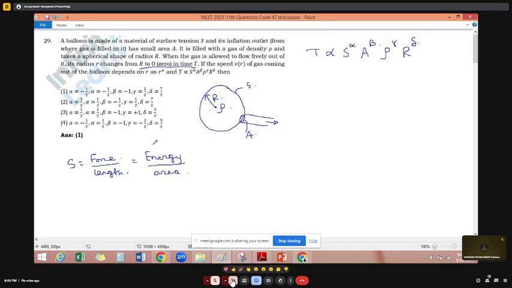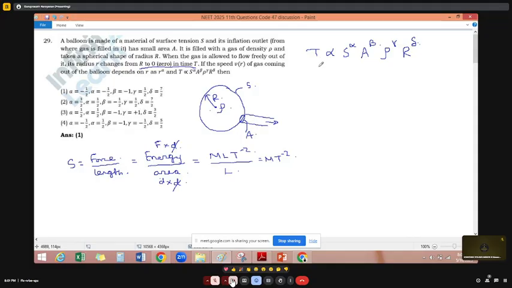Because energy is work done, which is force into distance. Area is distance into distance. So the distances cancel, so I'll be getting force per unit length. Okay, so that means your dimensions of force will be M L T power minus 2 divided by length L. So L and L cancel, so I'll be getting M T power minus 2.